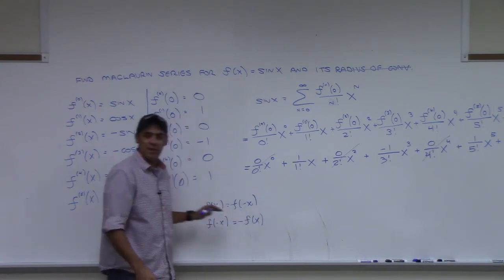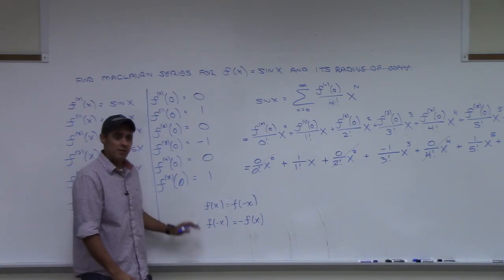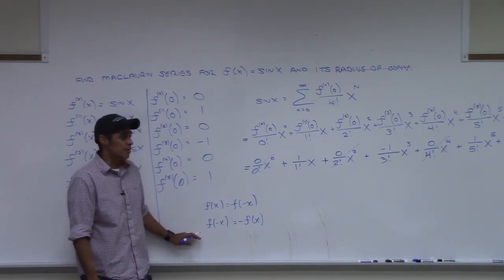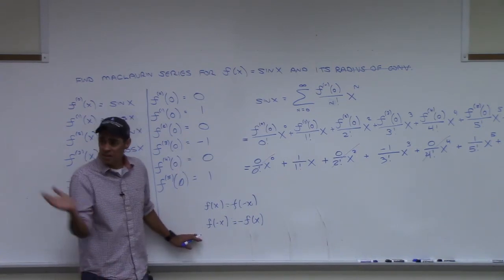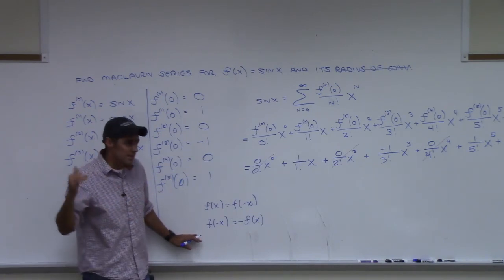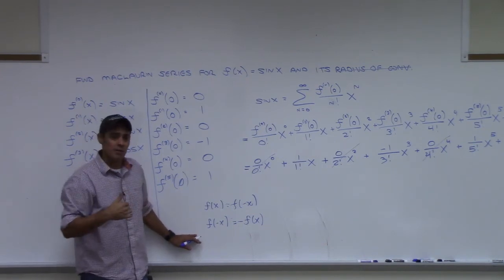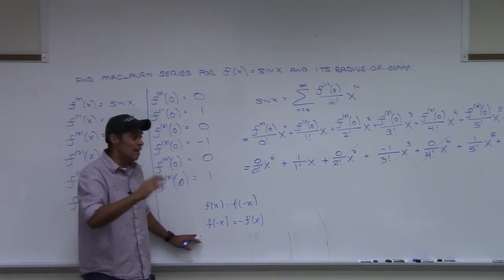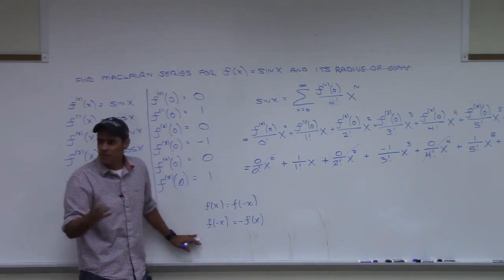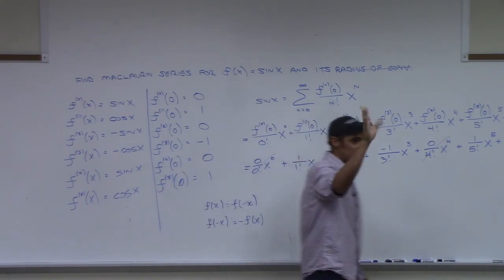Now in calculus, your definition of even and odd is what is its power series. If its power series is just even powers of x, it's an even function. If its power series is just odd powers of x, then it's an odd function. If it has a mixture of even and odd, then it's neither even nor odd, right? There's only three possibilities. Your function's either even or odd or neither.